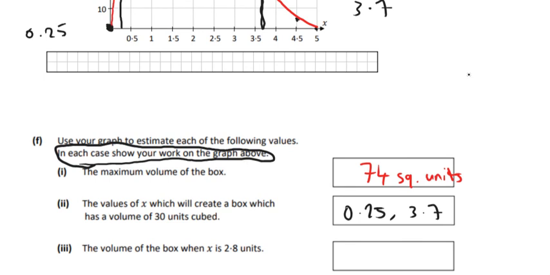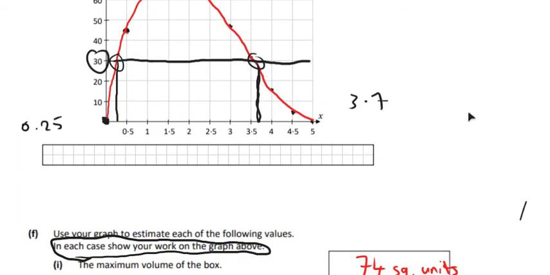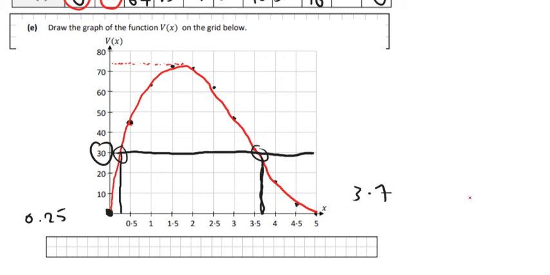The last one then, the volume of the box when x is 2.8 units. So let's look for 2.8 on the graph. So 2.8 is pretty much down here. If I was to draw a line straight up there, or as straight as I can, we're going to just see where it hits the graph.